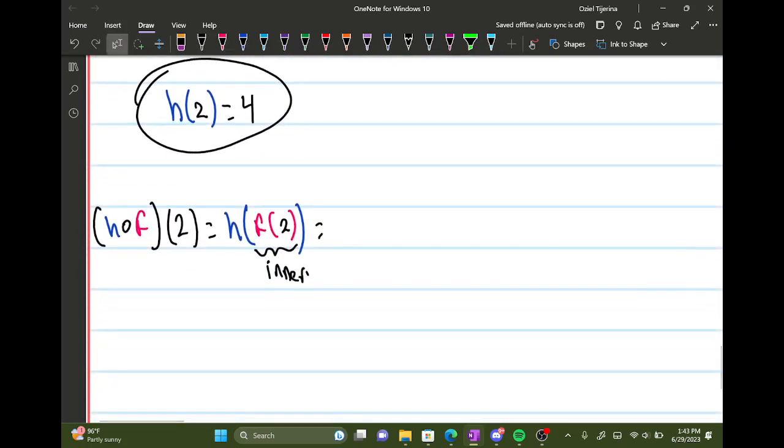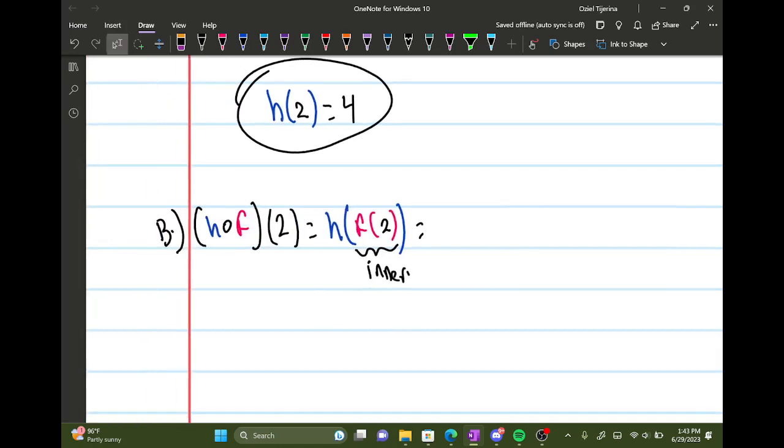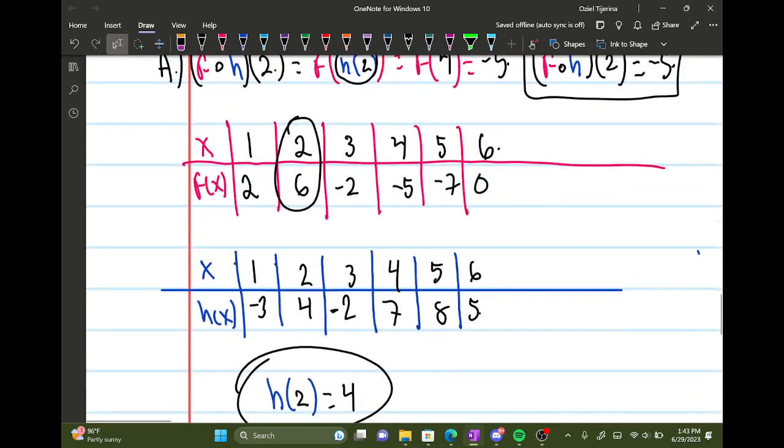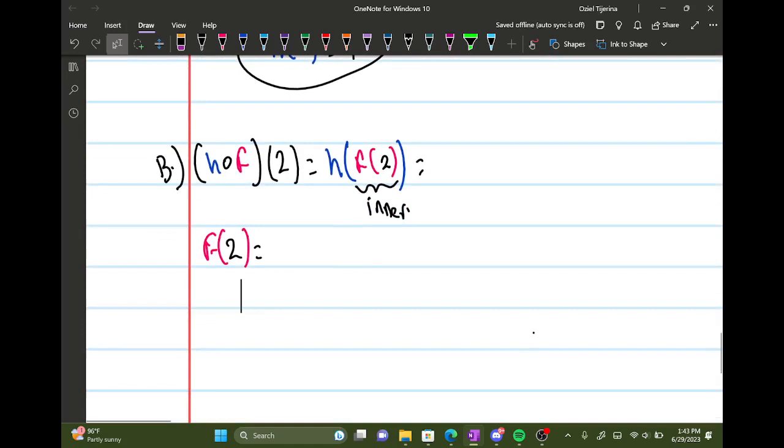So we're going to put 6 in. Sorry guys, give me a second. So we know that f of 2 is equal to 6, right? So then we're going to put that in. So we have 6 for this.